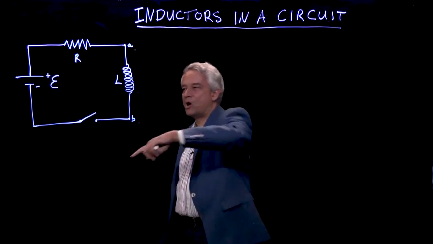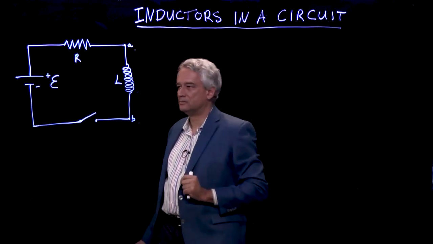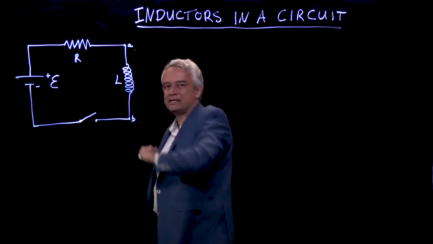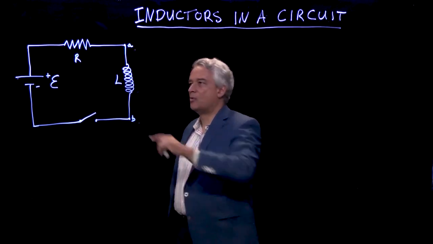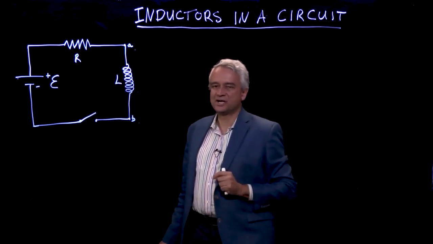So as we walk around a circuit now, when we pass a battery, the potential is going to change by epsilon. When we pass a resistor, it's going to change by IR.